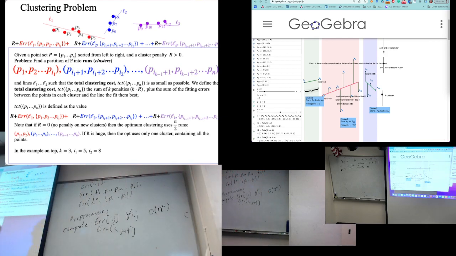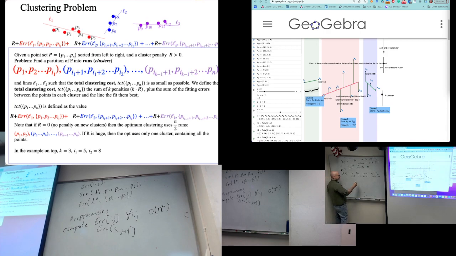And as usual, C of i is the cost of the opt clustering, and we are using the prefix trick.